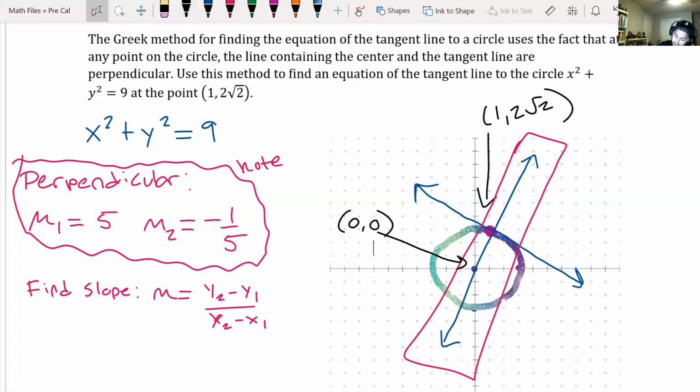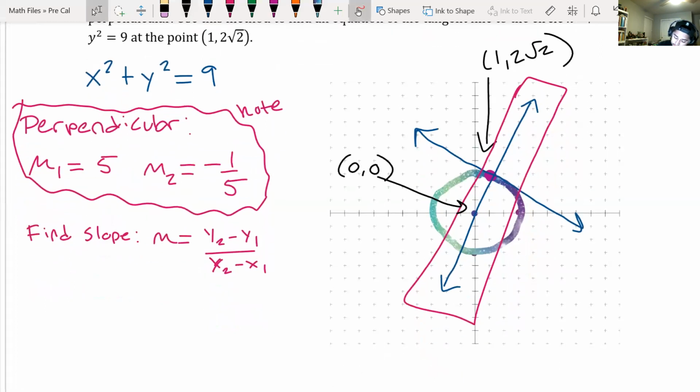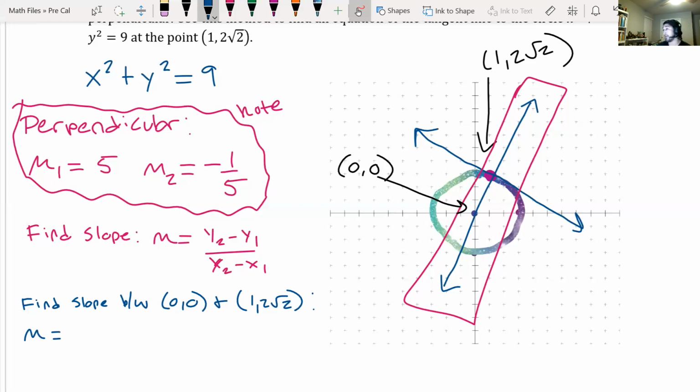So let's go ahead and do that. I'm going to say find slope between 0, 0 and 1, 2 square root of 2. Which means we're going to get m equals, and we're going to do the y2 minus y1.